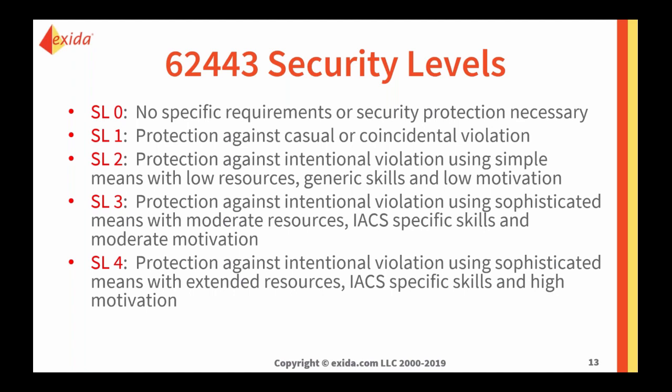But oftentimes that still causes problems in the system. Maybe they triggered something they weren't supposed to use. So at security level 1, you're just protecting against those types of incidents. And security level 0 essentially means that you don't have any specific requirements. So the stronger the attacker, the stronger of a system you need to defend against such an attacker.